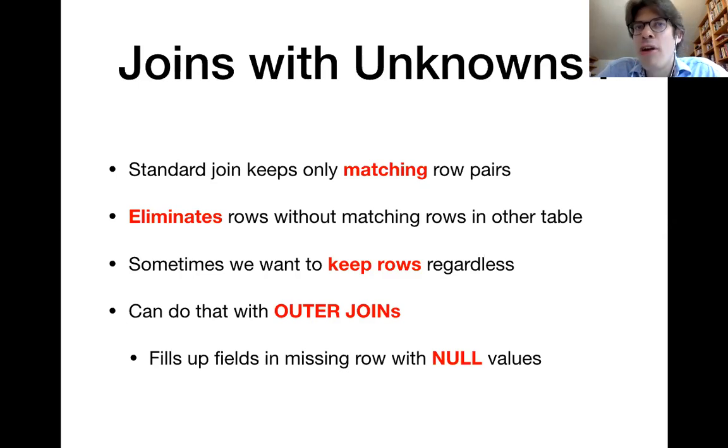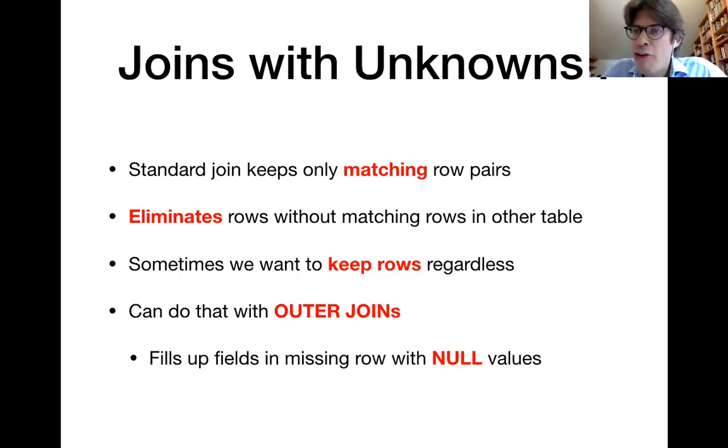And this is not what I want in some cases. Perhaps I want to, for instance, encourage students to enroll for courses who have not enrolled yet. But in order to do that, I first of all need to make sure that those students remain in the join result such that I can see that they haven't enrolled in any courses yet.